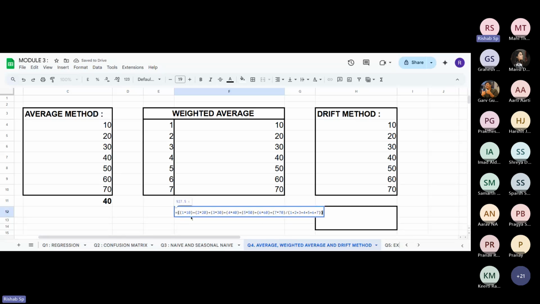So 1 into 10, 2 into 20, 3 into 30. Yeah. So in the exam, mostly you will be getting some weights and some data, so you find the weighted average using this method.